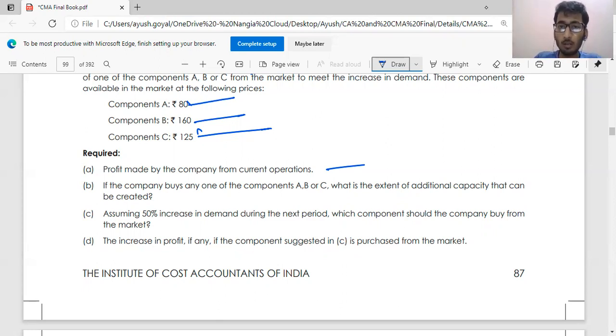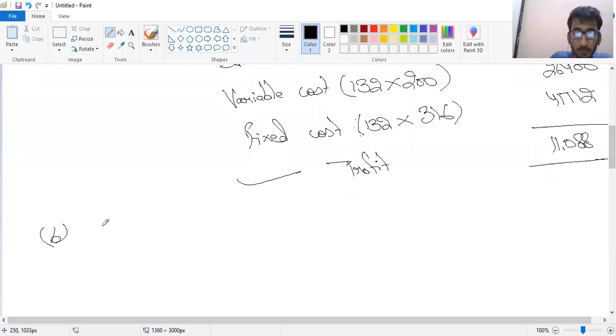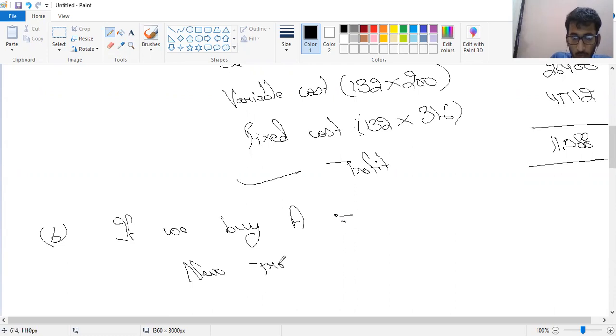So the first part is if we buy A. So new production. If I buy A from outside, how many units am I able to produce?